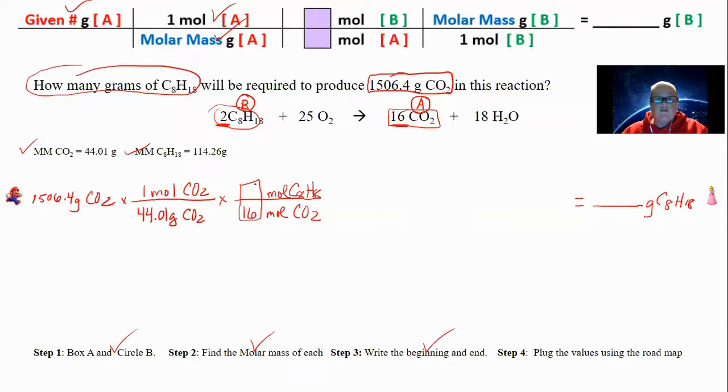So 16 CO2s and 2 C8H18s. All right, I've gotten that taken care of. Times 1 mole on the bottom, 1 mole of B, C8H18. And the molar mass is 114.26 grams of C8H18.